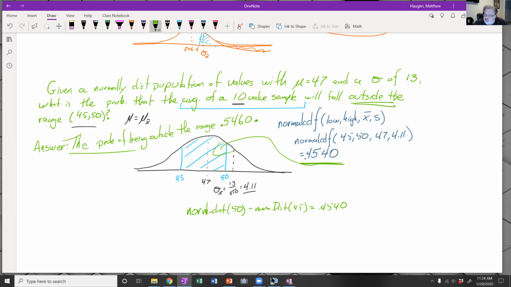We will play with 8.2. Today is Thursday, so we'll start 8.2 Monday. 8.2 is really the same exact idea as this, except instead of distributing means, you're distributing proportions. So instead of dealing with average data, you're dealing with binomial data.